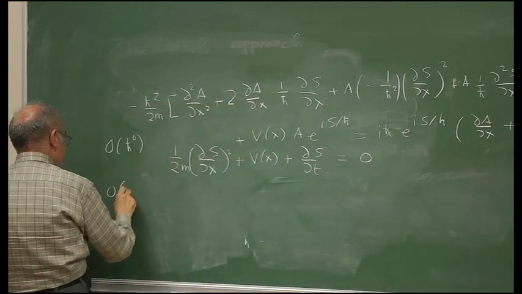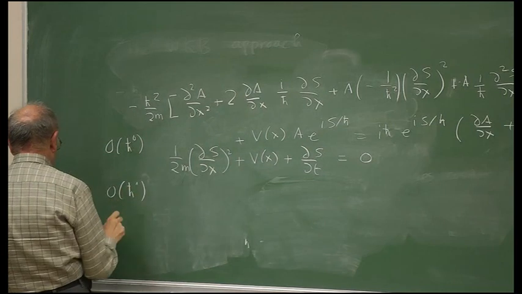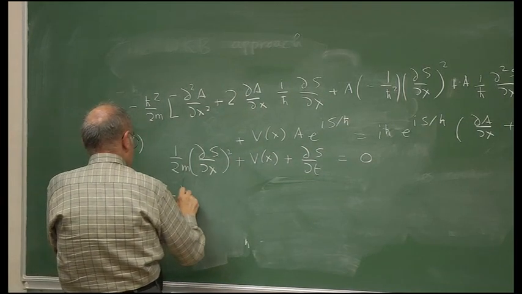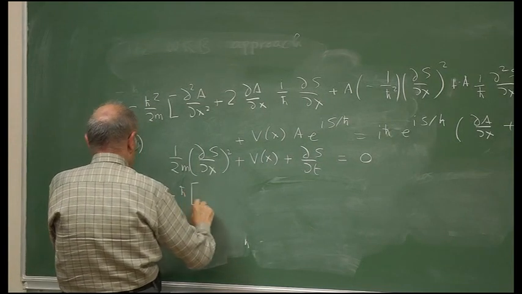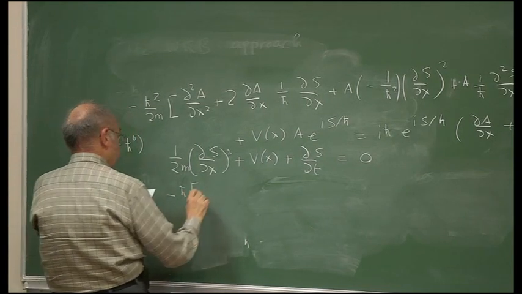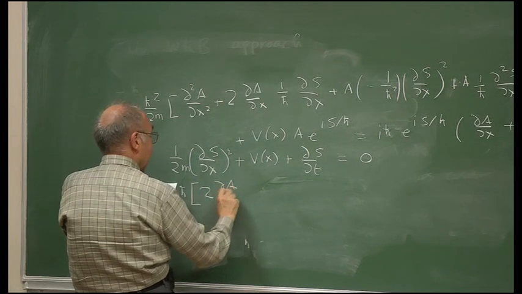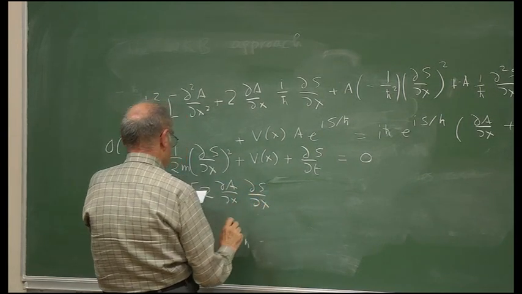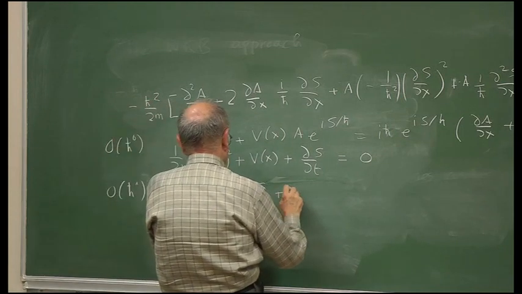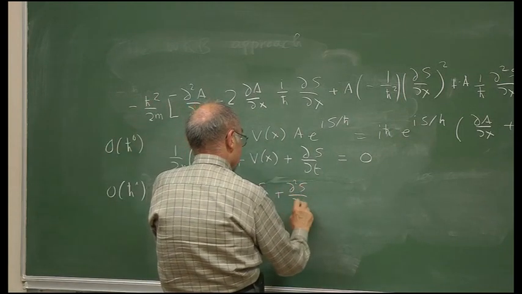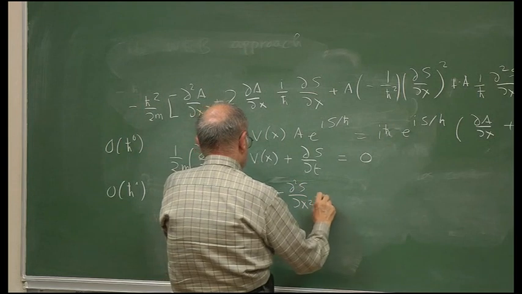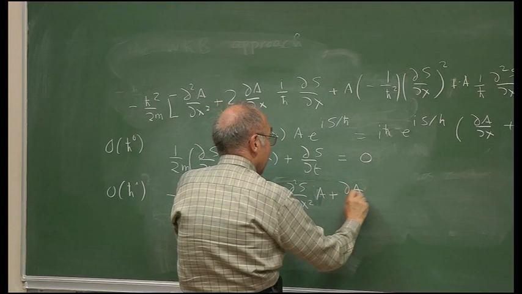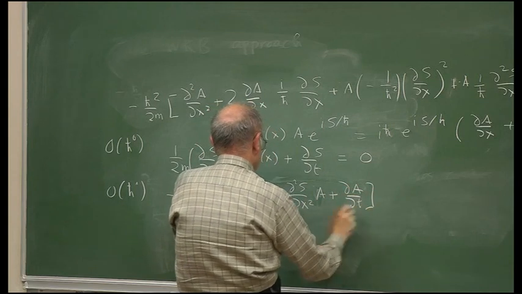Order h-bar to the 1 will be minus h-bar times 2 dA over dx dS over dx plus d squared S by dx squared times A plus dA by dt.